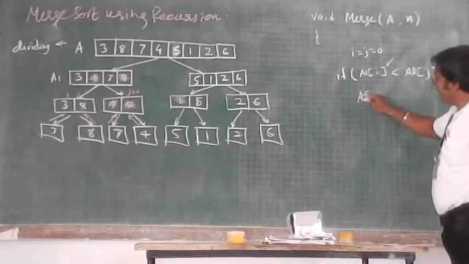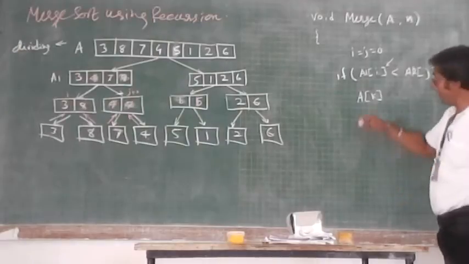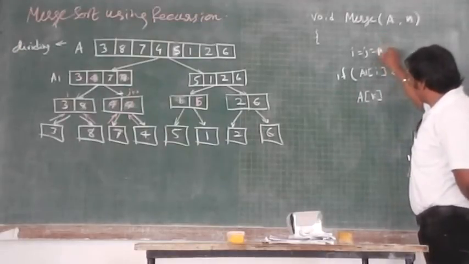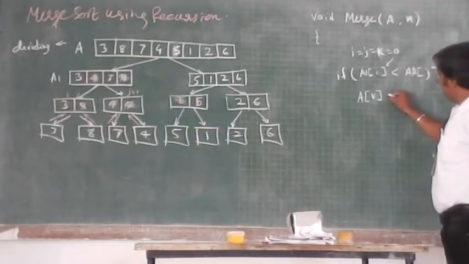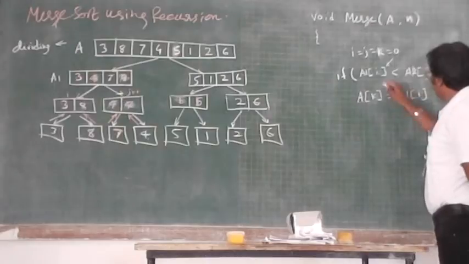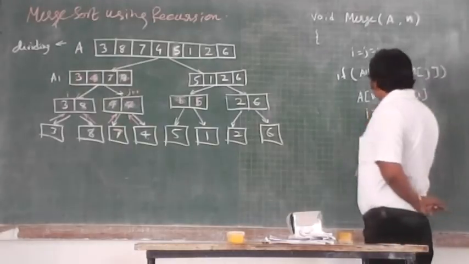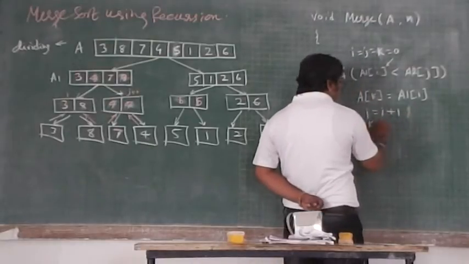Then for A, I consider k as an index. That k I also want to initialize to 0. So A of k should be A1 of i. In that case, i should be incremented and k should be incremented.